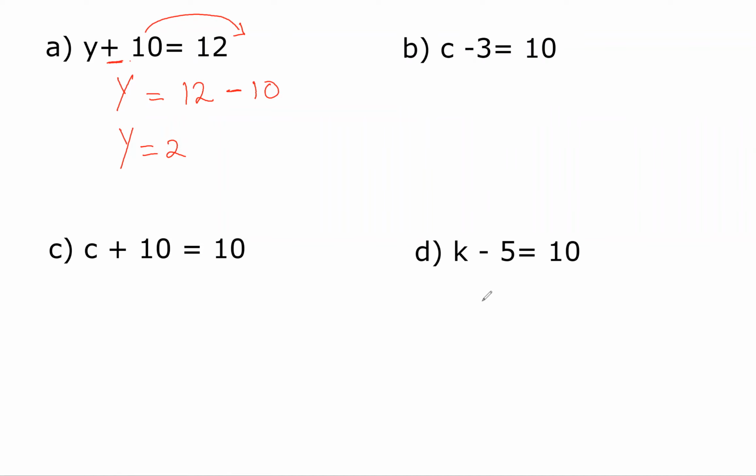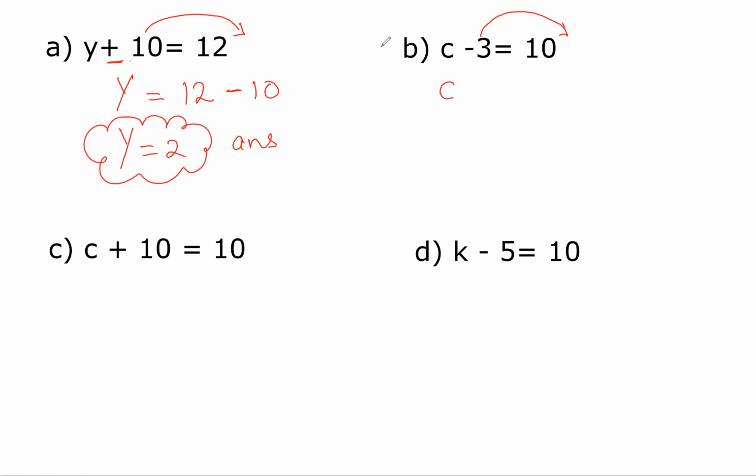So here I get my answer as 2. So that's my answer. Let's see one more example. Now, as I mentioned in the previous example, I leave my variable there only and bring the numbers together. So when you're shifting your 3 to the other side, check the sign before 3, that is negative.